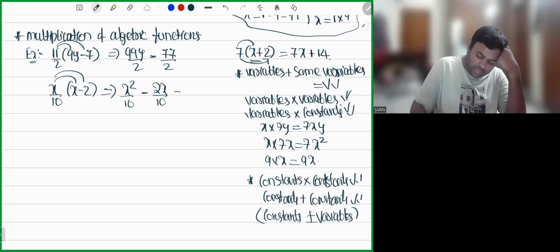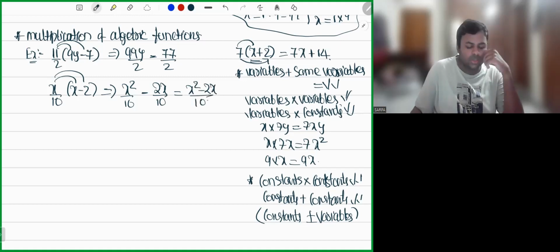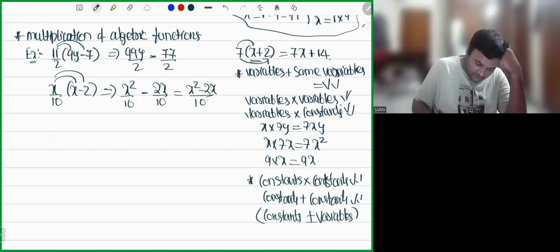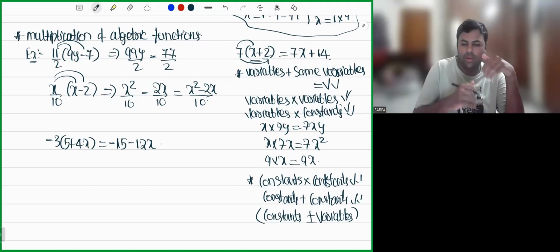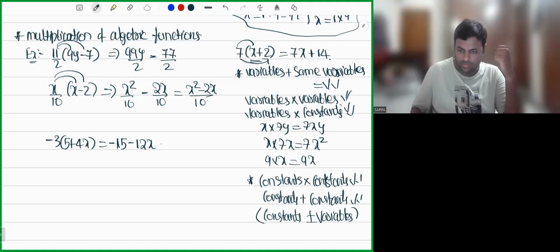Where denominators are same, you can add the numerators. That's also completely fine. I am having minus 3 into (5 plus 4x). 3 into minus 5, minus 15, minus 4 into 3, 12x. So when a bracket is being opened, the value gets multiplied to all the terms in the bracket.